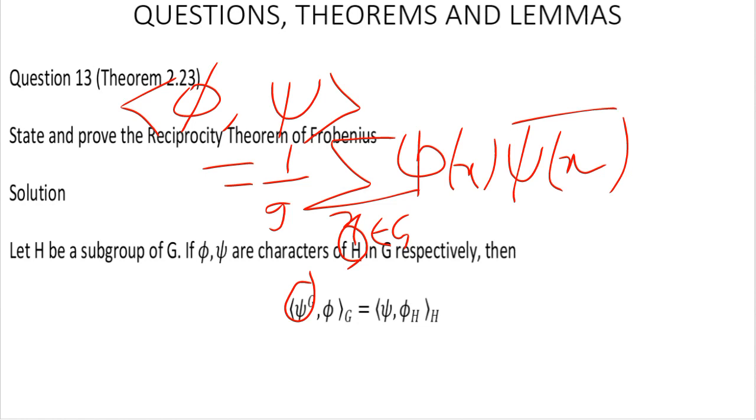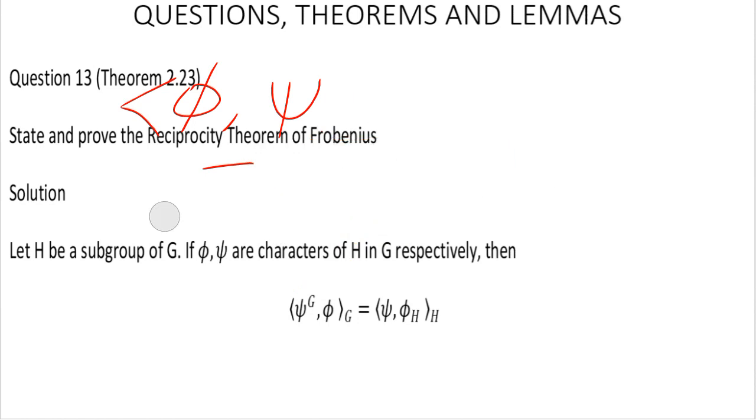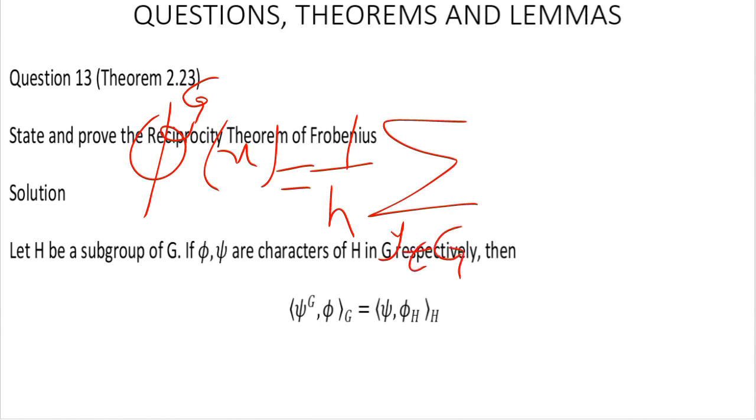And we were able to see in our very last video that if we take the induced character and extend it to H, we had something of the form psi G, because it's the induced character, equal to 1 over H, summing over Y in G, psi of Y X Y inverse.